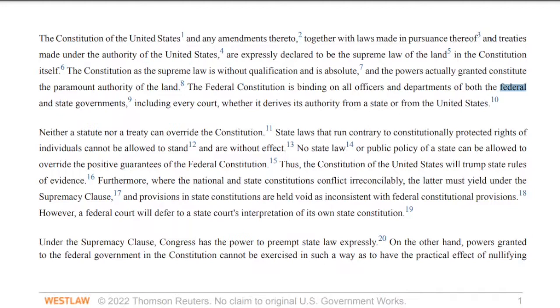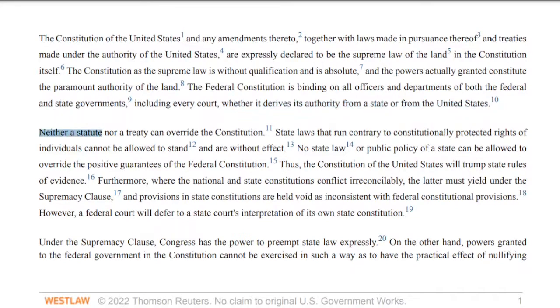So the Constitution is binding for them as well, including every court, whether it derives authority from a state or from the United States. So, again, the U.S. Constitution is the supreme law above all others. No other qualification is needed.